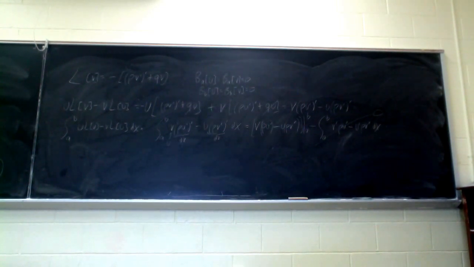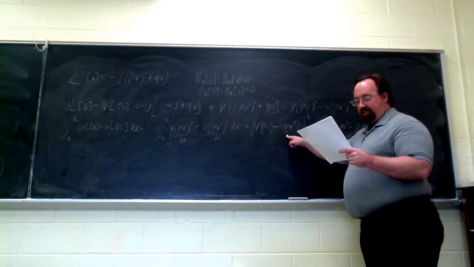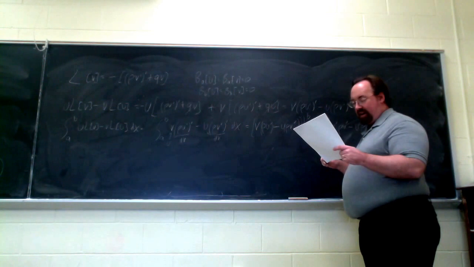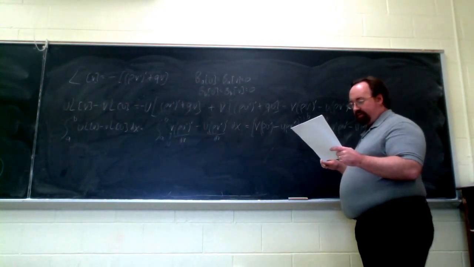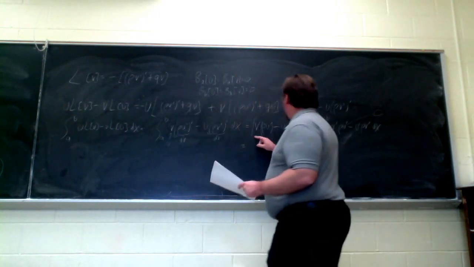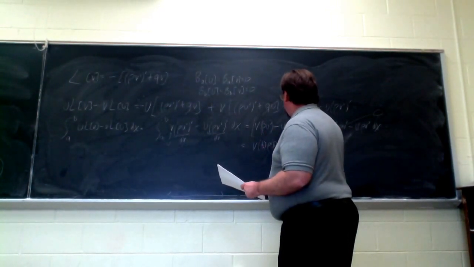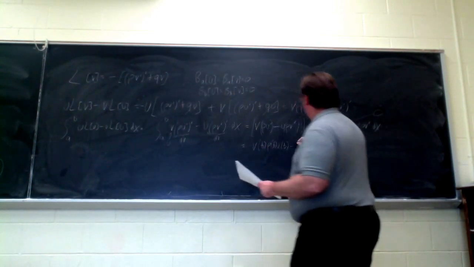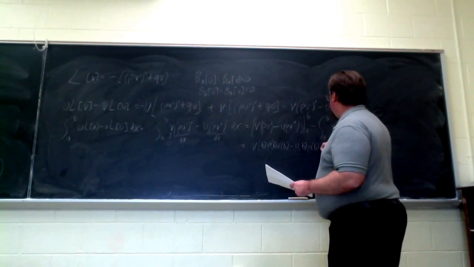So now I have this, and I'm going to write out what this is. So this is v of b, p of b, u prime of b, minus u of b, p of b, v prime of b.